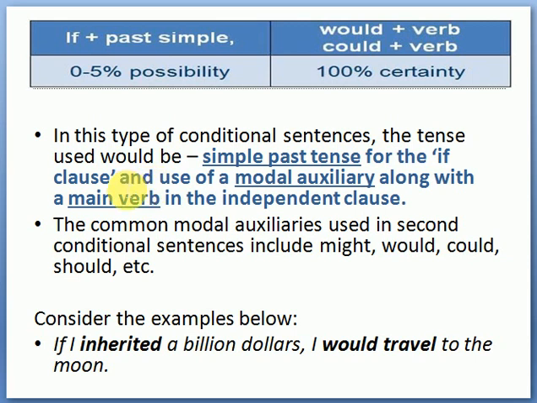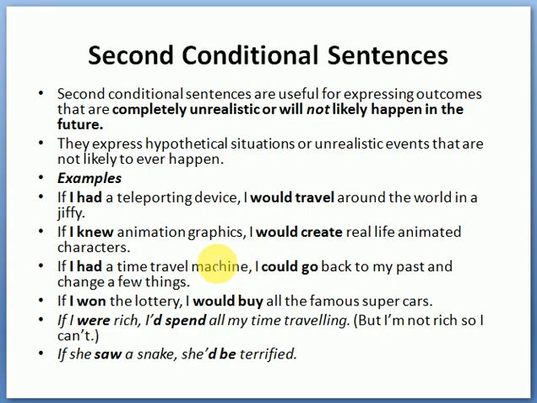in the main clause there is the use of a modal auxiliary along with the main verb, and that modal auxiliary could be might, would, could or should, and it is followed by the main verb, the first form of the verb. Like, if I had a teleporting device, I would travel around the world in a jiffy.